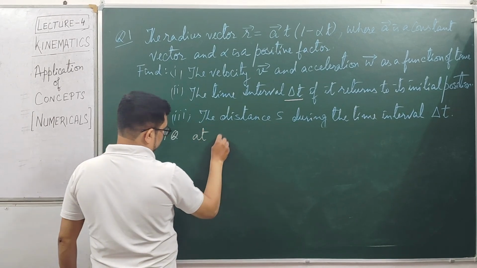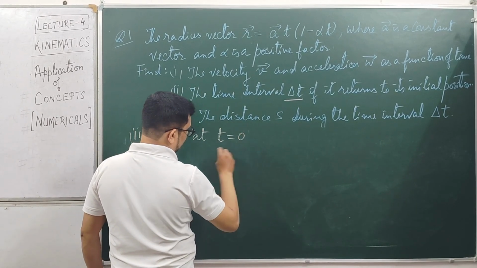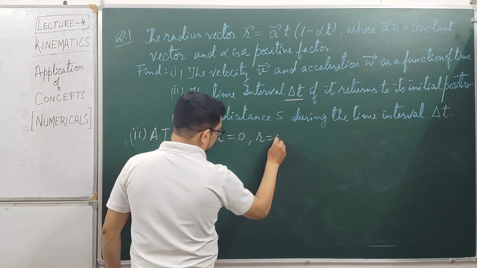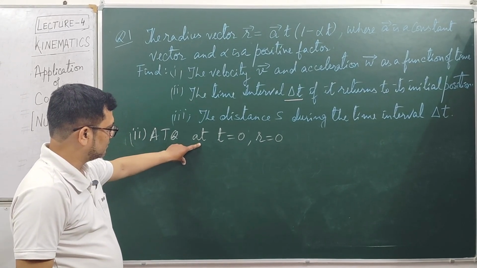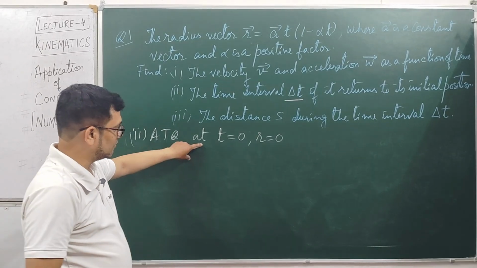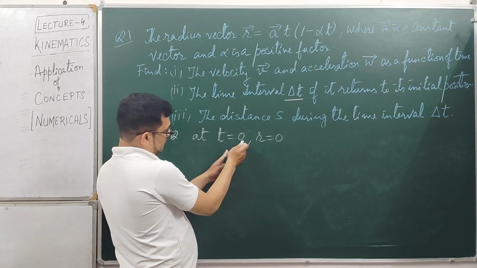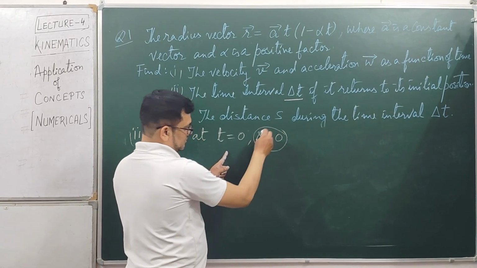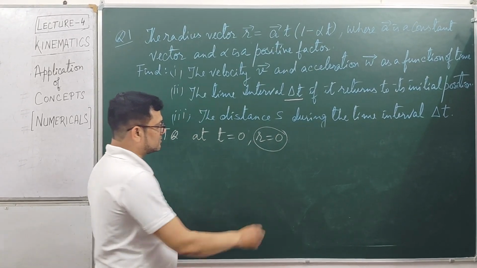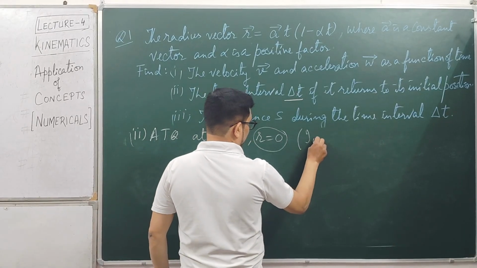at time t is equal to 0, we get r is equal to 0, right? So the initial situation was, when t is 0, r is 0, and it returns to this point, the initial point. So this is the initial point.